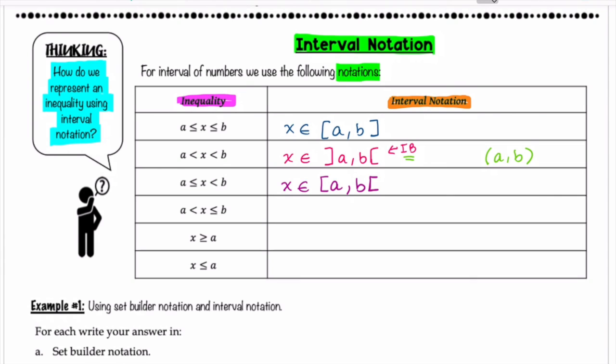We tend to see this as bracket and a parenthesis at the end. The next one, we have A is less than X, which is less than or equal to B. So we have X is an element of. This time A is not included, so backwards bracket, comma. B is included, so normal bracket. And just because I'm writing the way that you're used to seeing it, I'll do it in green.